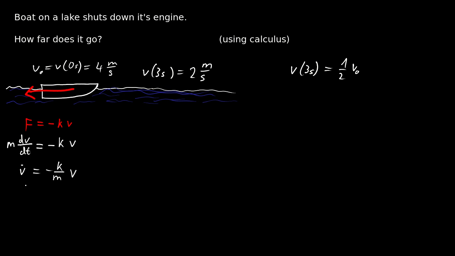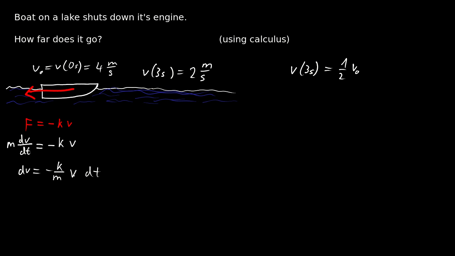And how do we solve that? We multiply by dt on both sides and separate the variables. This method of solving the differential equation is called separation of variables.